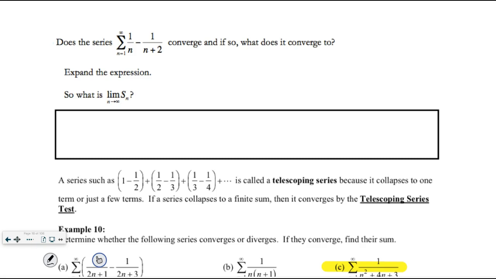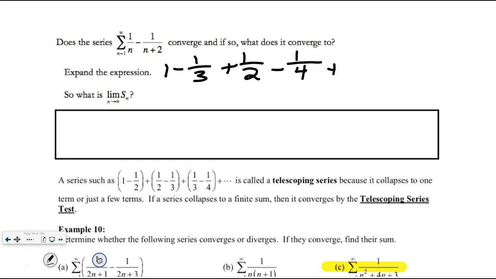So let's expand it to see what happens. Watch what happens when I write this out. I get 1 over 1, which is 1, minus 1 over 3. I just want you to see what happens and why it gets its name. Then I put a 2 in, and I'll get plus 1 over n minus 1 over n plus 2. So far that's a lot of arithmetic, but I'm going to keep going and you'll see what happens.